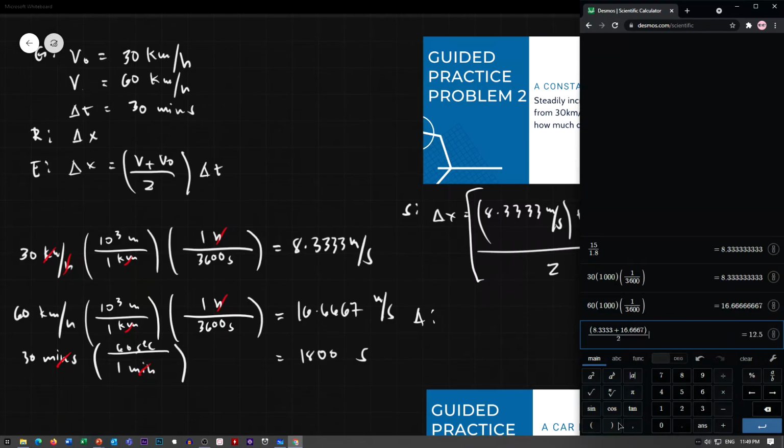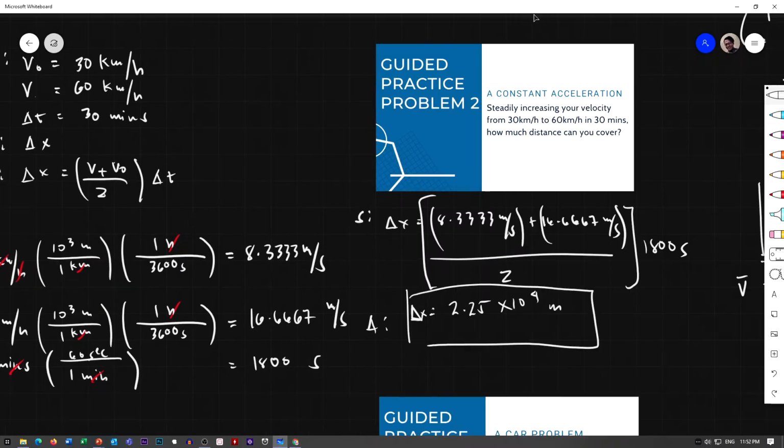Then we're gonna place another parenthesis here and here, so we could multiply them. So our time is 1800. So there, meters. Okay. So as you can see, if you add this, you're going to cancel this.